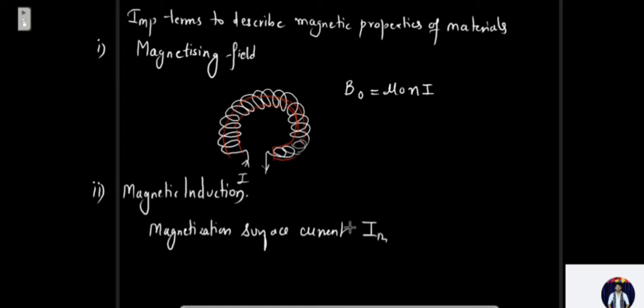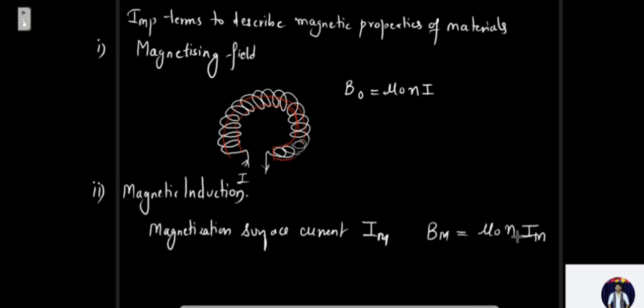This current was generated, and due to this current, an additional magnetic field is generated. This magnetization surface current would in turn produce one more magnetic field, the field due to magnetization, Bm, which is given by mu naught into the number of turns per unit length multiplied by the current which is generating this magnetic field, that is, the magnetization surface current.